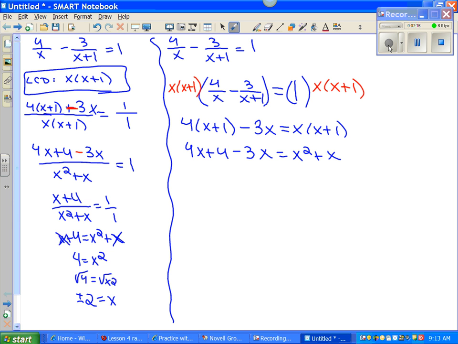Good. Yeah, how? Yeah, the x's cancel. Good. And when I take the square root, it's always plus or minus. Good. There's your answer. So which way do you prefer?